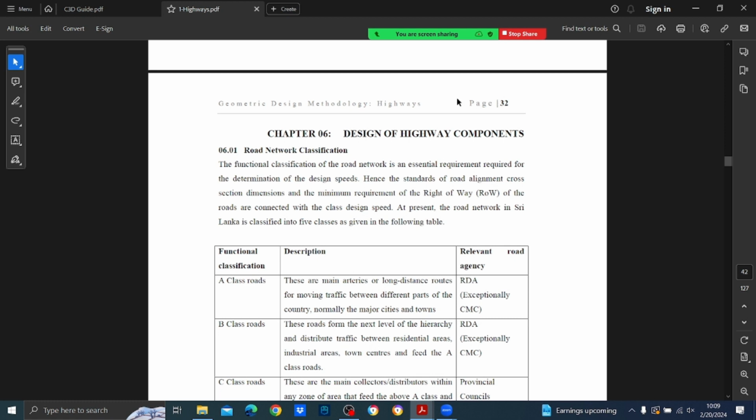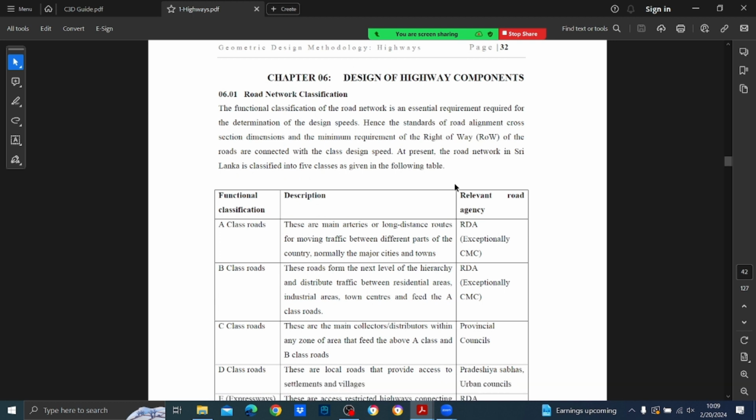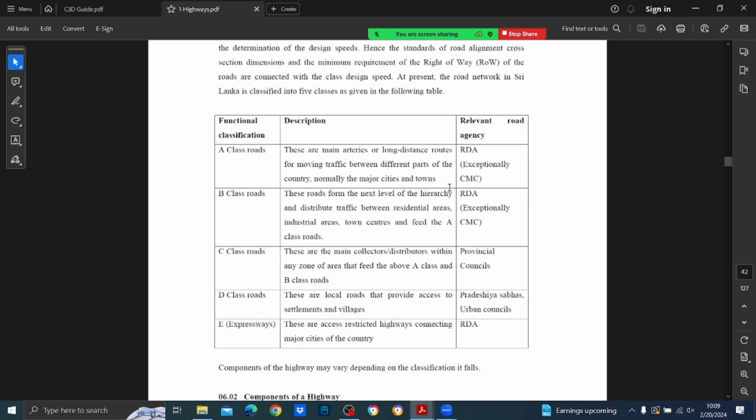Okay, now we'll discuss a little bit about highway components and the classes of roads. How many classes of roads are there in Sri Lanka? A, B, C, D, E, five classes.